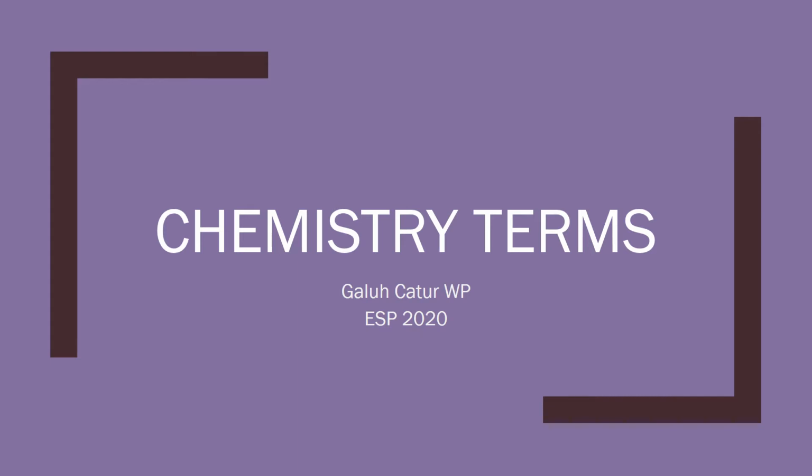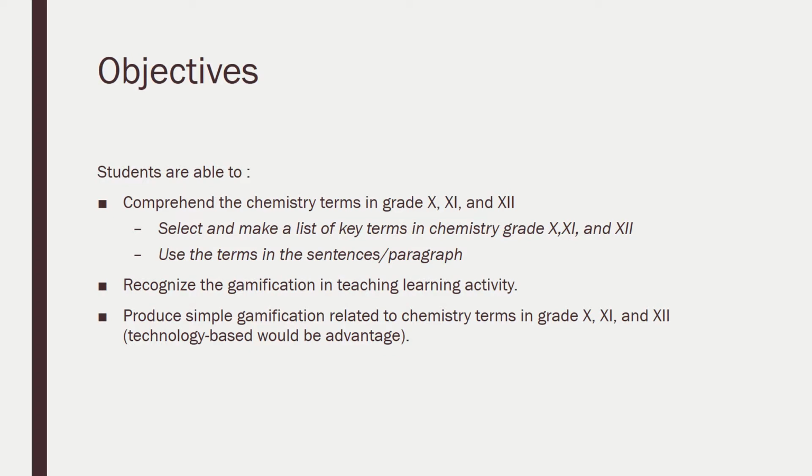As mentioned before in the lesson contract, our topic today is chemistry terms. The objectives for this lesson: students are able to, one, comprehend the chemistry terms in grade 10, 11, and 12 by selecting and making a list of key terms, and then use the terms in sentences or paragraphs.